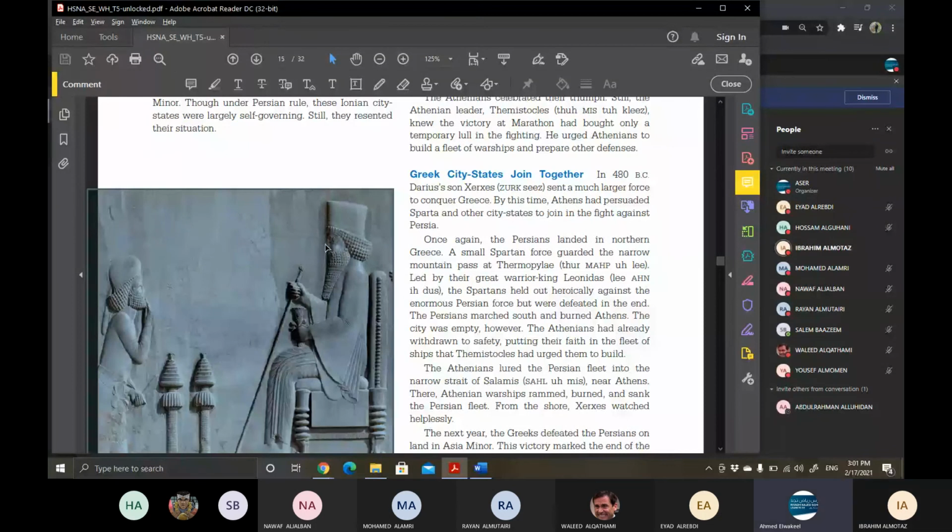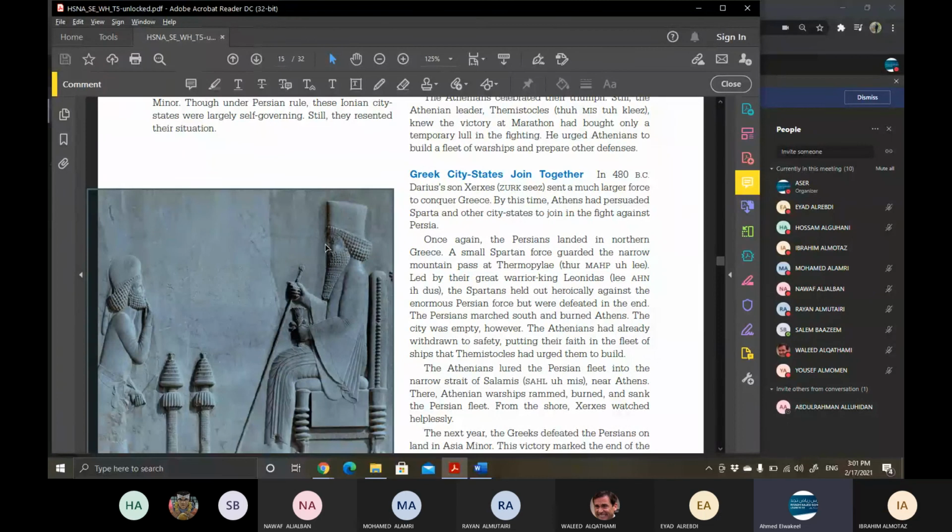So he sent some of his troops to the city-state of Athens in order to invade it. But luckily the Athenian people won the war. Of course, it was the first time for the Persians to lose a war. So Darius' son Xerxes gathered all of the troops of the Persian people.